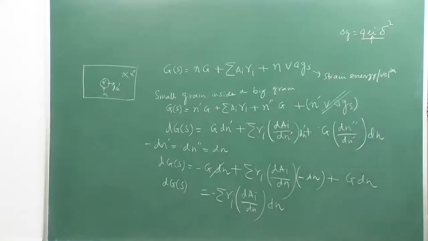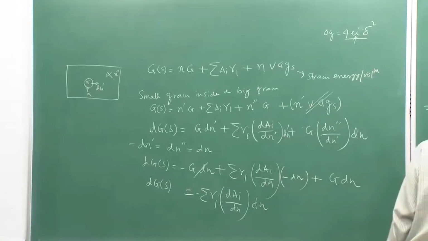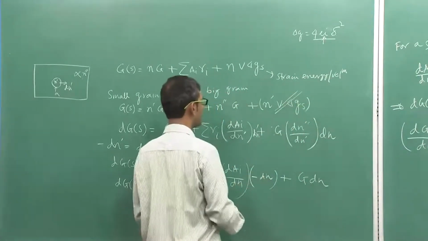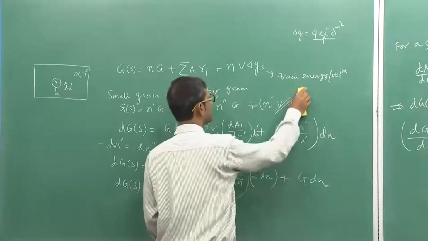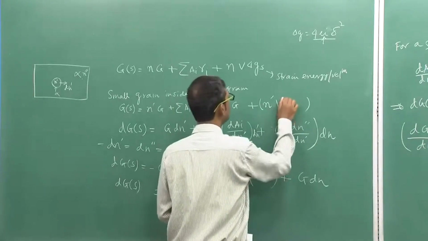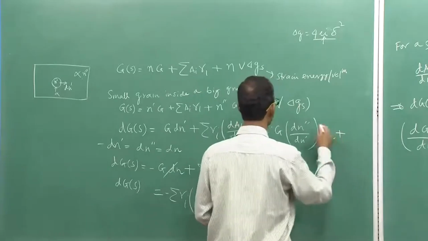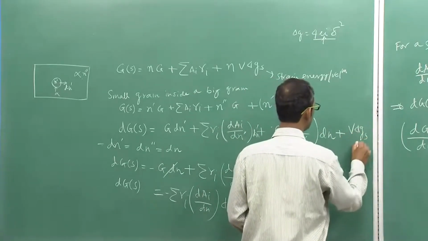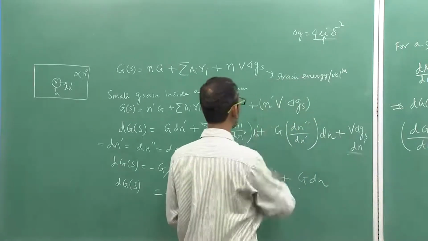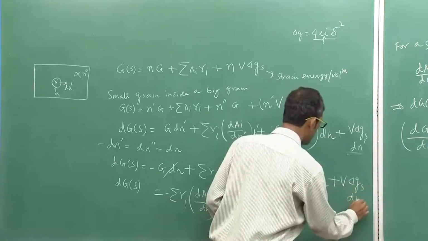Now, if I consider strain energy, which is obviously positive, let us do that now, simply by addition of terms. What will happen? That is what I will show you in a simple calculation. So, this is nothing but V delta Gs, and so I can write this is V delta Gs dn prime, because this is n prime.